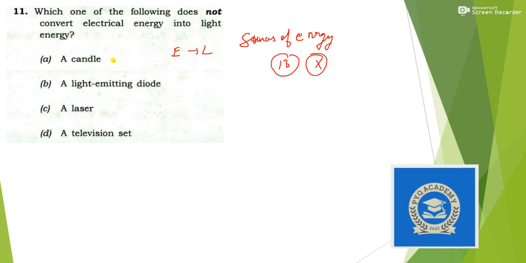In a candle we provide heat energy, then it converts into light energy, so this is no. In a light emitting diode, yes, we provide electricity, then electricity is converted into light energy. Yes, same in the case of laser and television, but a candle needs heat energy. So our answer is option A.